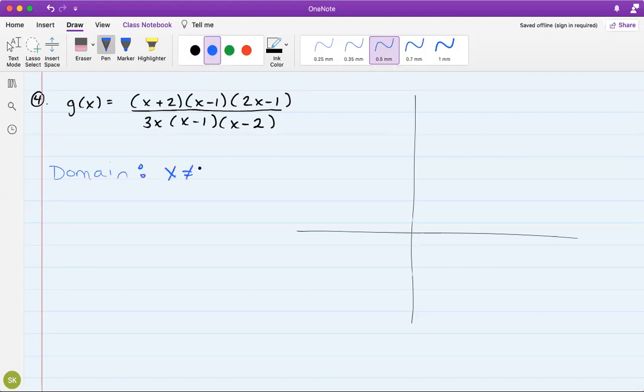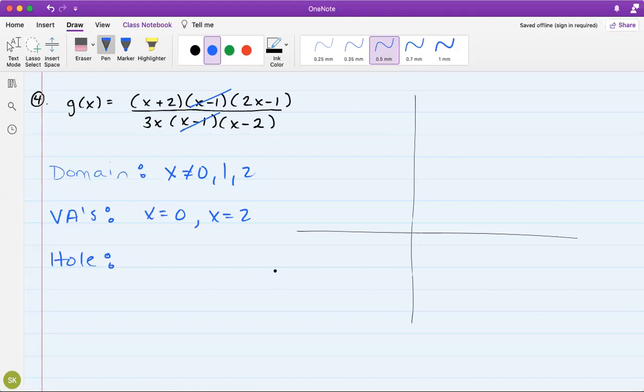We can't be 0, 1, or 2, because if we plug any of those values in here, we get 0 in the denominator. But notice that when we reduce this, we get rid of that x minus 1. And that tells us that the vertical asymptotes correspond to x is equal to 0 and x is equal to 2. X is equal to 1 is not a vertical asymptote, it's a hole.